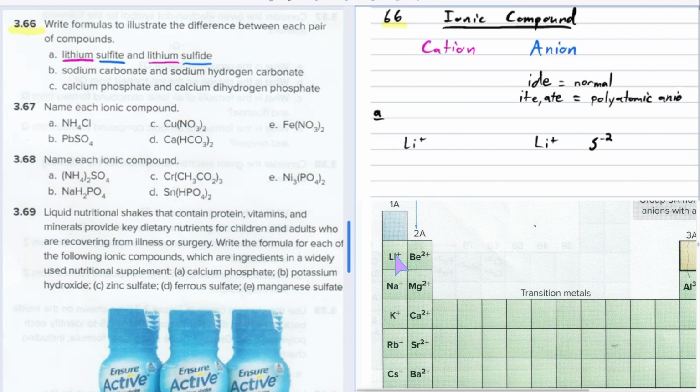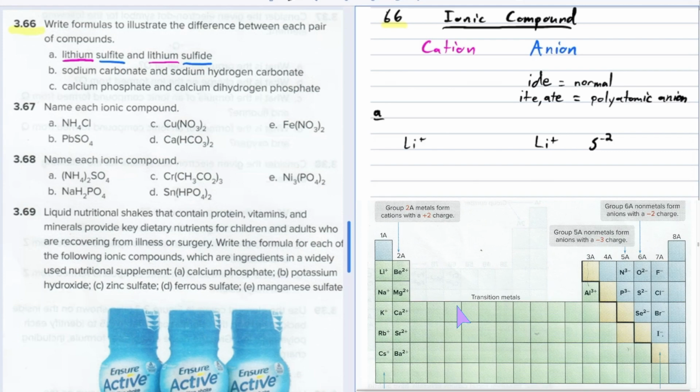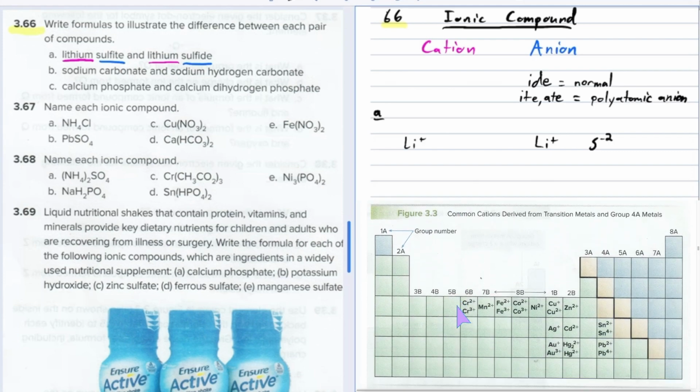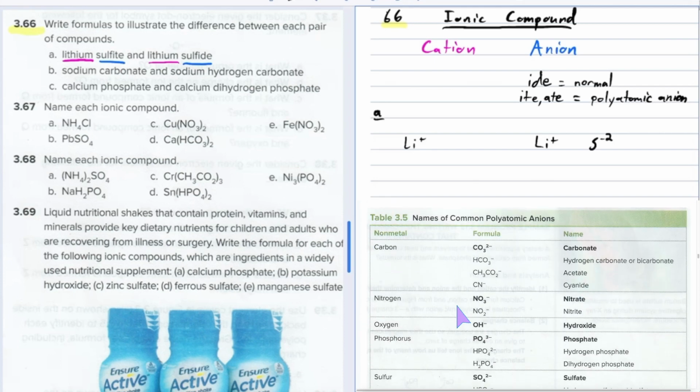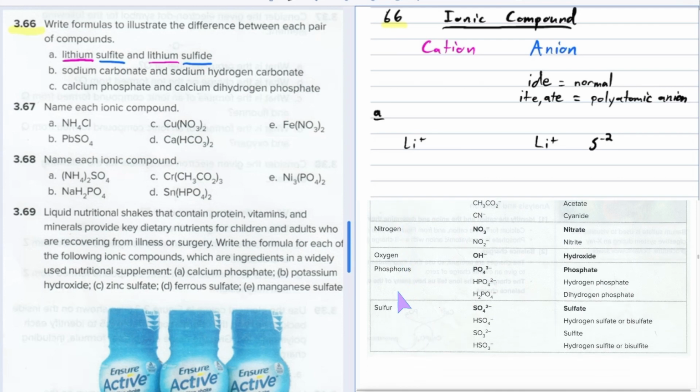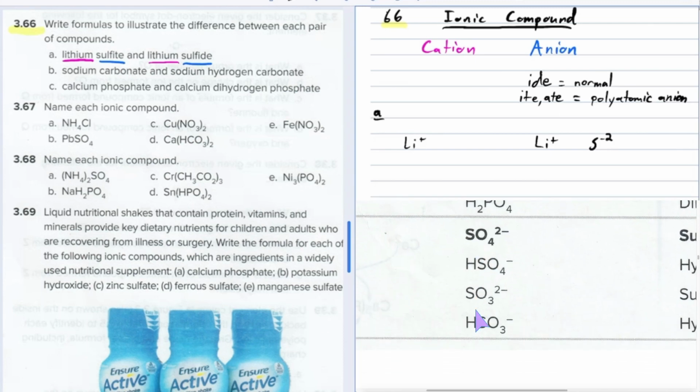anion. It's like a group of atoms that carry a negative charge, and thankfully you got a table that helps you out. It's table 3.5. You look up the polyatomic anions for sulfur, and here they are.